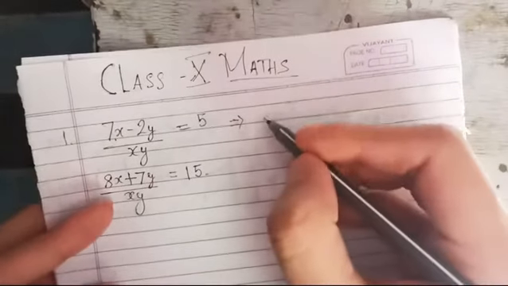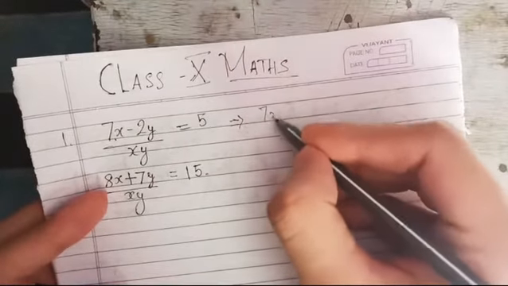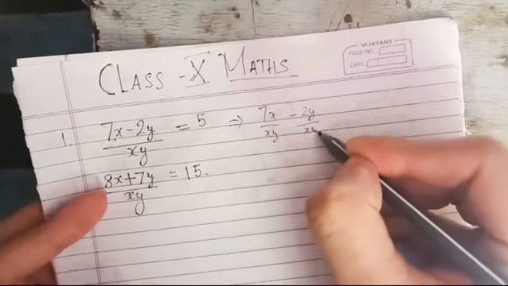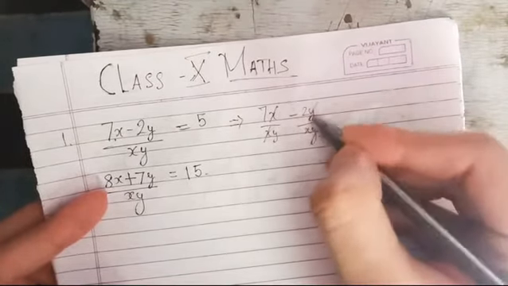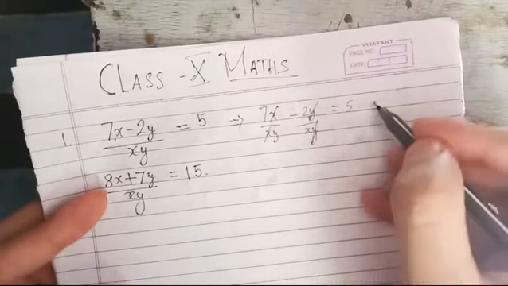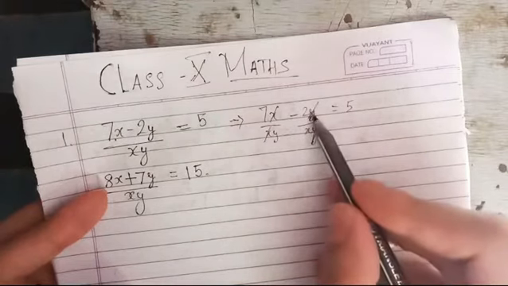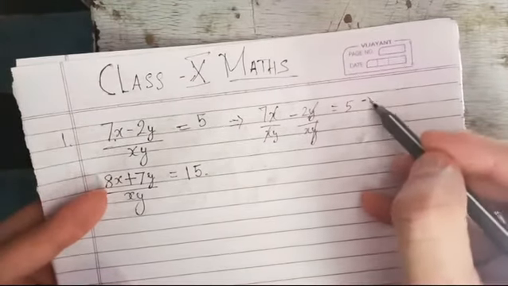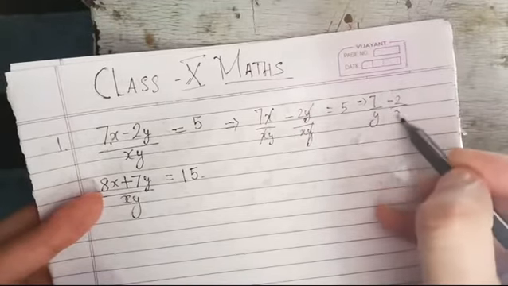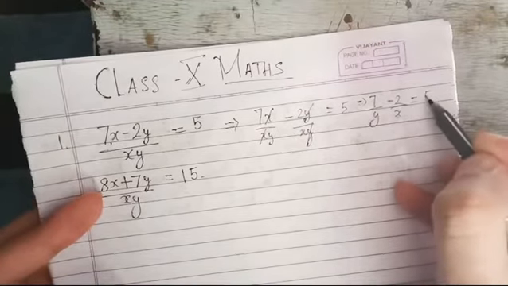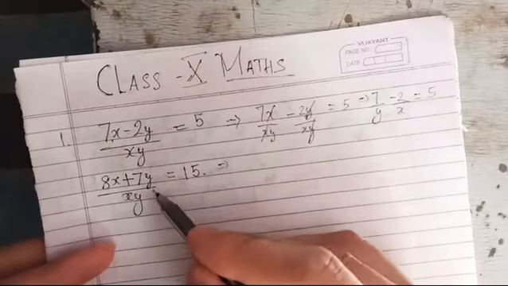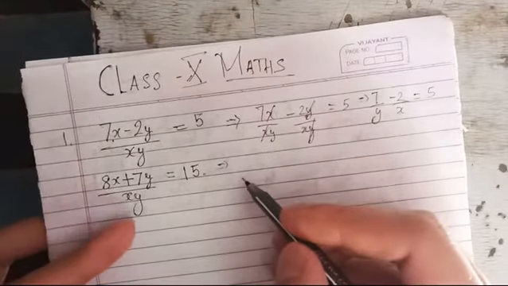So this equation will become 7x upon xy minus 2y upon xy. x and x cancel, y and y cancel, and it is equal to 5. So the equation will become 7 upon y minus 2 upon x is equal to 5.